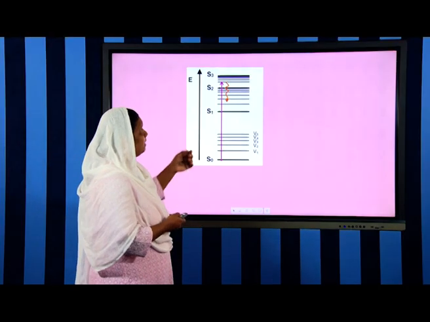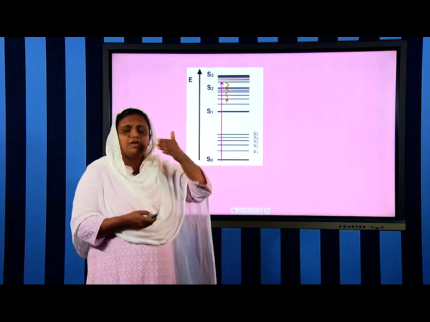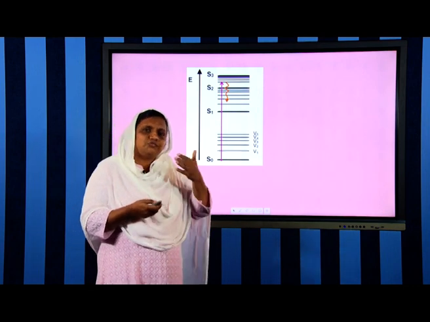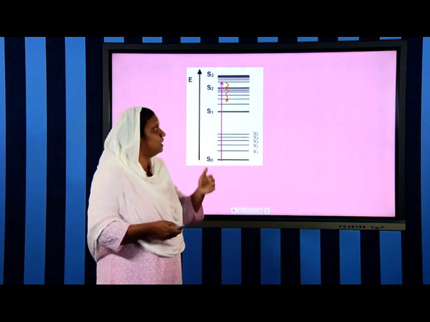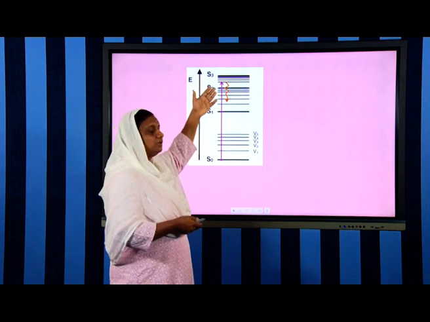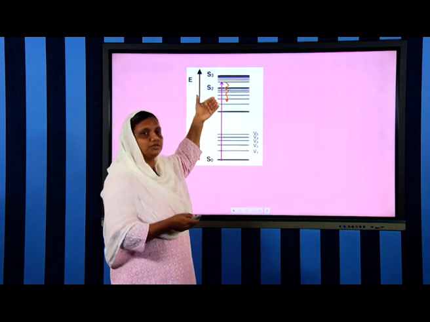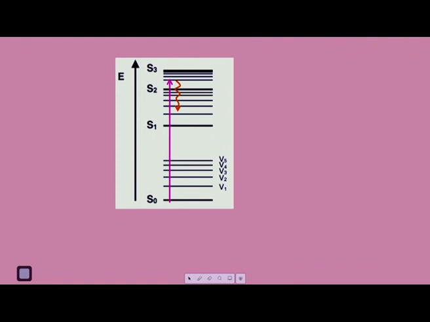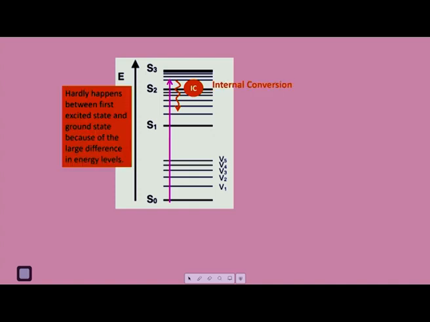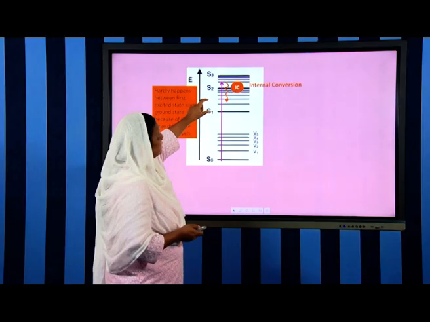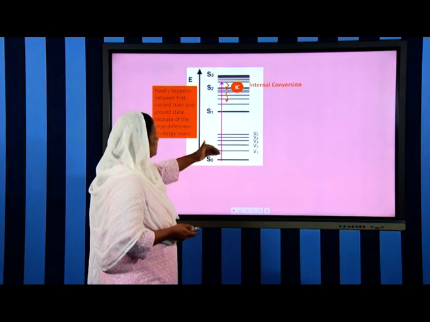From there it can come down to the various vibrational levels of the first excited state, that is, from vibrational levels of S2 to vibrational levels of S1. This is called internal conversion, depicted as IC. Internal conversion happens between S2 and S1. It does not happen between S1 and S0.